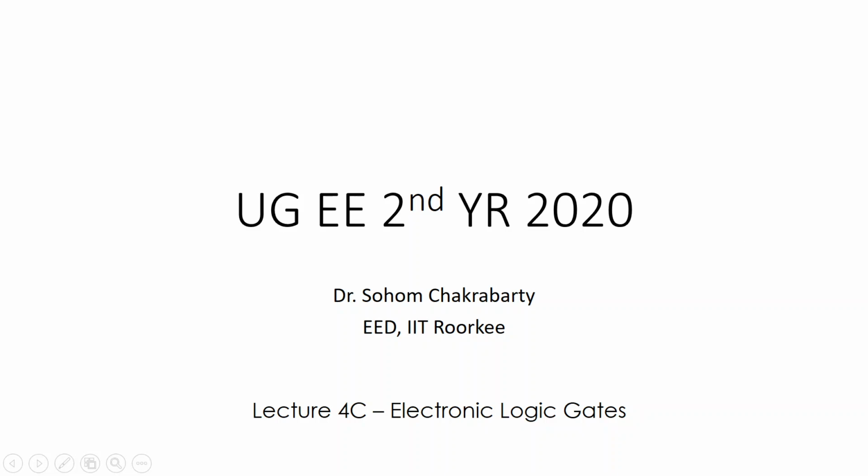So what we have discussed so far is about Boolean algebra. There we were discussing the mathematics of logical variables, which can be either true or false, or high and low, and we have set up some logical operations like AND and OR, which are the basic operations.